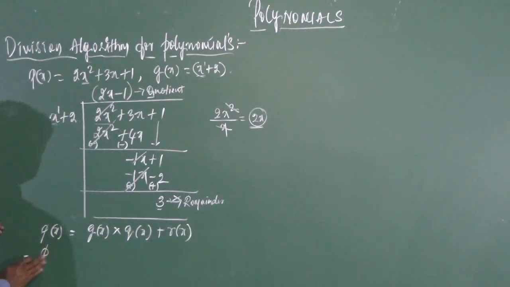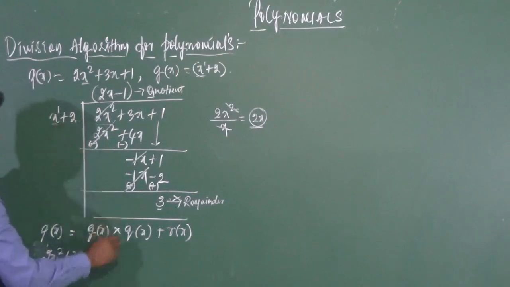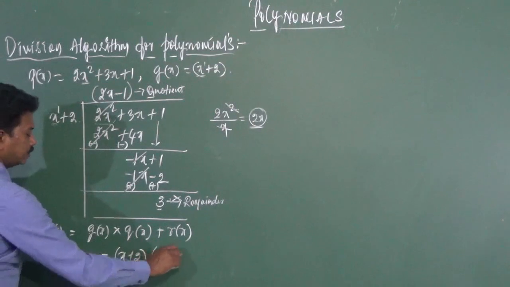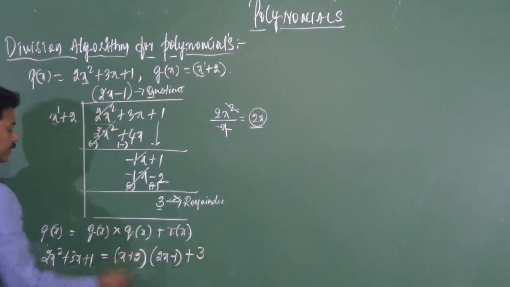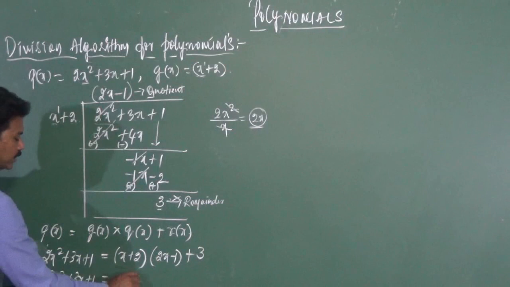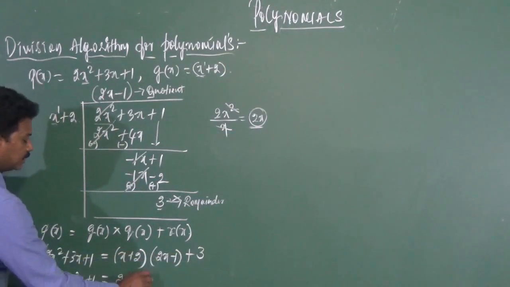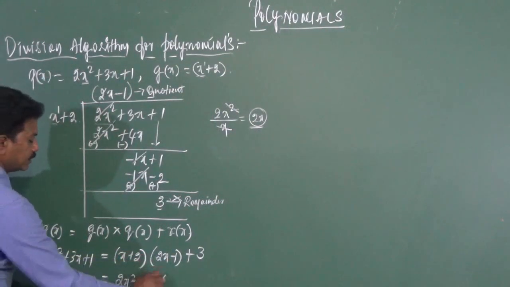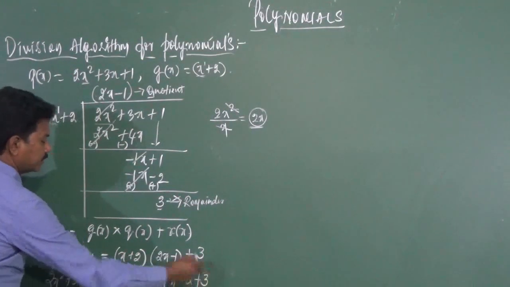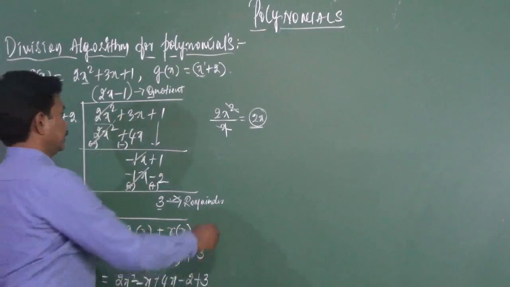So p of x, 2x square plus 3x plus 1, is equal to g of x, which is x plus 2, into 2x minus 1, plus r of x, which is 3. So 2x square plus 3x plus 1 is equal to x into 2x is 2x square, x into minus 1 is minus x, plus 2 into plus 2x is plus 4x, plus 2 into minus 1 is minus 2, plus 3. Right? So let us simplify this.